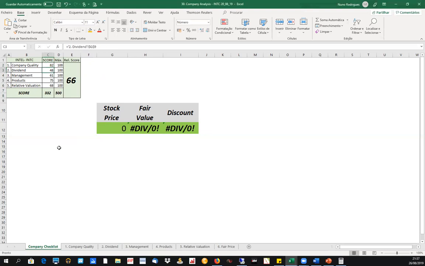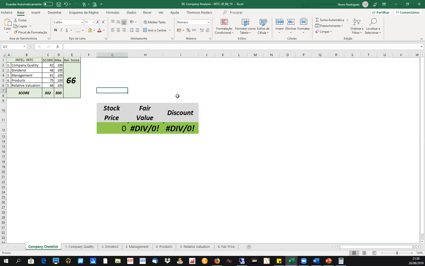The dividend is the only handicap because it does not overcome the 50% barrier, so 48% for the dividend. However, management is well above average, really great products, 75%, and in terms of valuation, the company is at a discount, so 68%. So overall, 66%. It's really a good score.